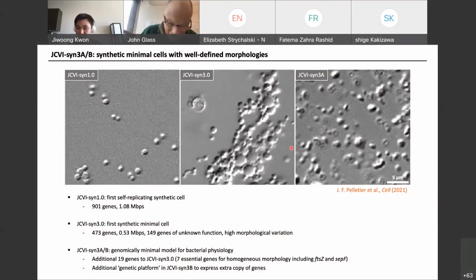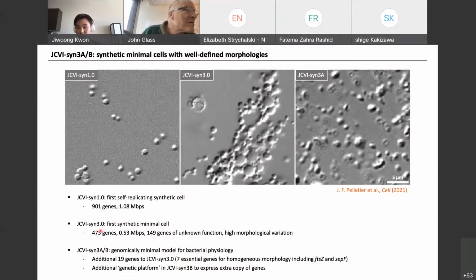As we all know, JCVI-syn1.0 was reported as the first self-replicating synthetic cell, and subsequently, SYN3.0 was developed as the first synthetic minimal cell, having only 473 genes.